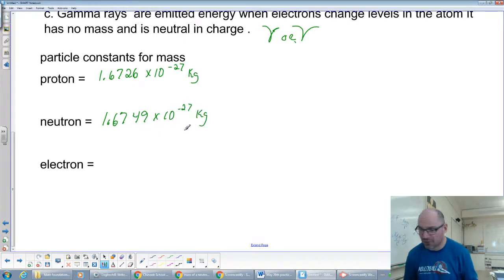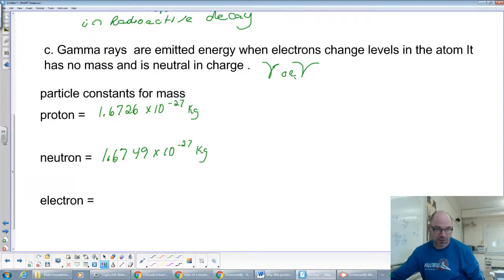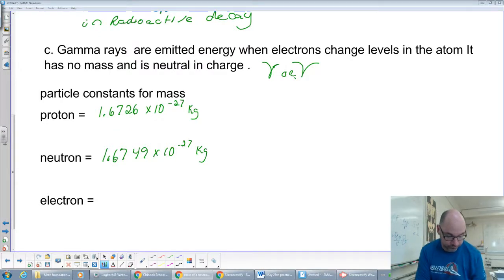Okay, and then electrons are significantly lighter. So we'll put those up, and then we'll call it a day. And we'll look at some equations here. Okay, so let's do an electron here. Mass of a neutron, mass of a proton, mass of an electron. Okay, so the mass of an electron is 9.109 times 10 to the negative 31.